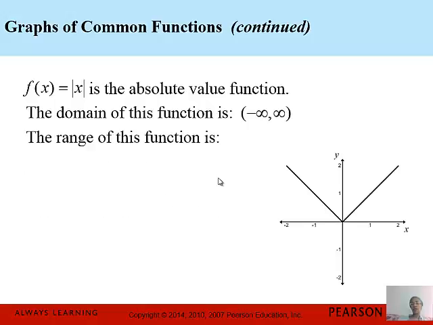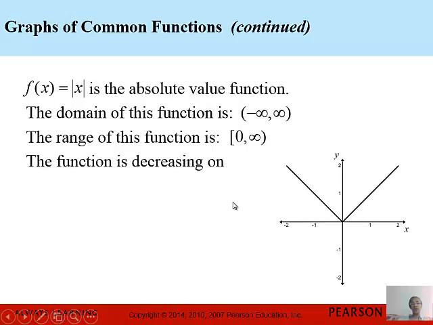The range of the function is the positive real numbers and 0. So notice that there are no y values in quadrant 3 and 4. So all y's are either 0 or positive. That's why that's our range.